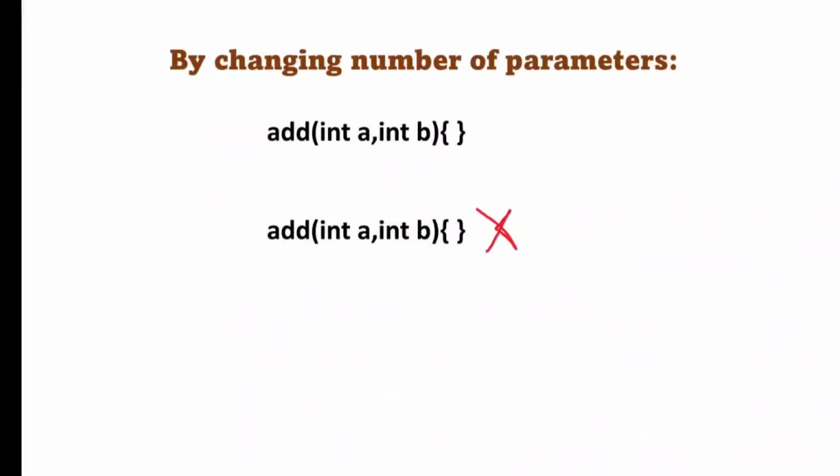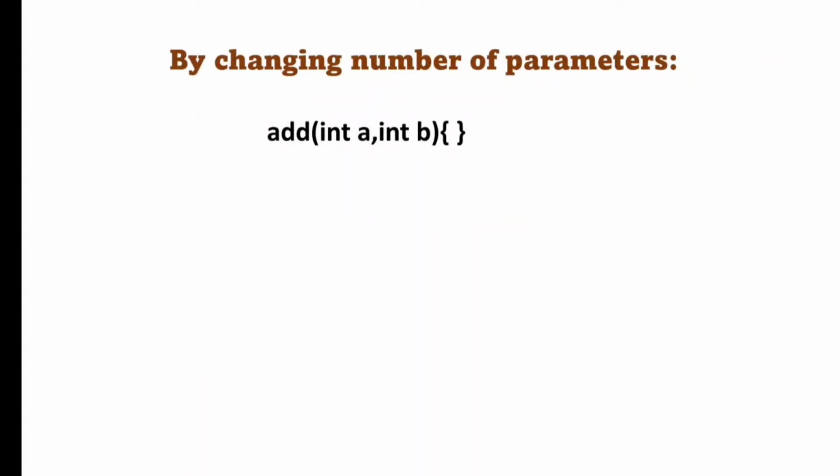So when we call the method, the compiler identifies a method based on the method signature, and if the compiler finds two methods in a class with the same name and same number of parameters, then the compiler won't understand which method has to be called, and hence the compiler may raise an error.